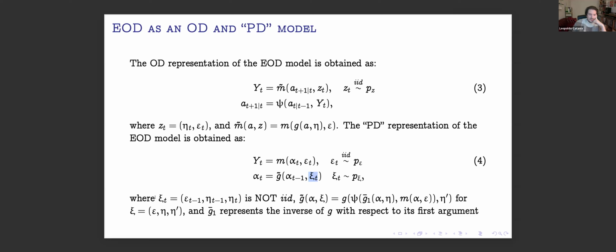And you can see it's not IID because it's defined in this way. So this is not really a parameter-driven representation of the model, it is something similar to it. However, it's completely legit, so we can rely on it.